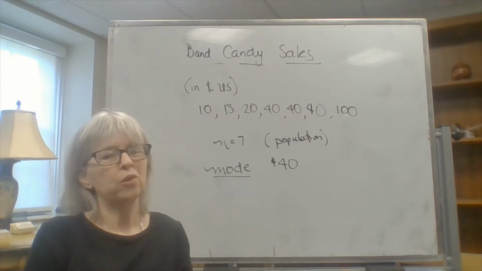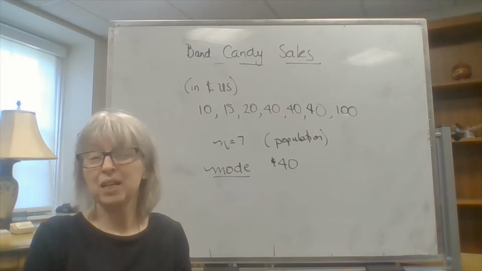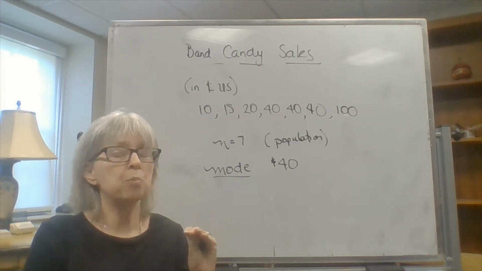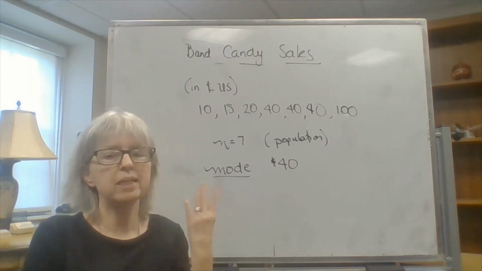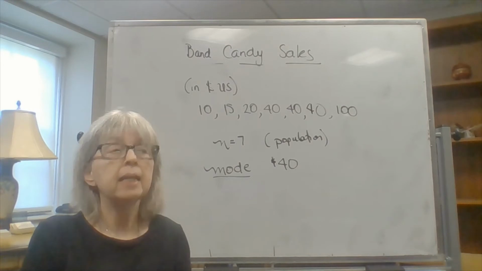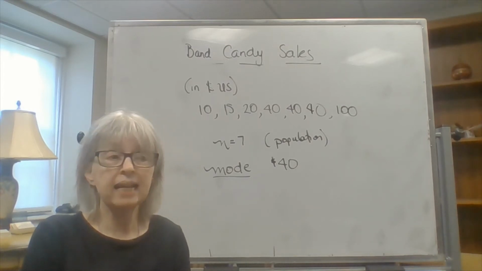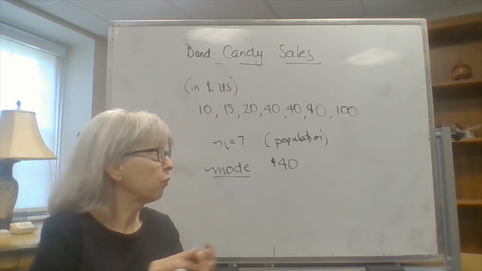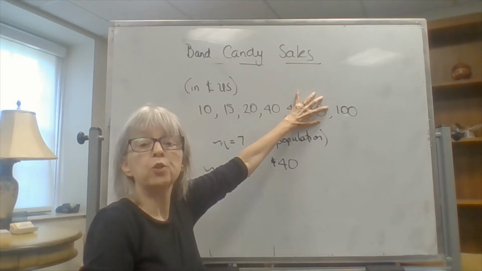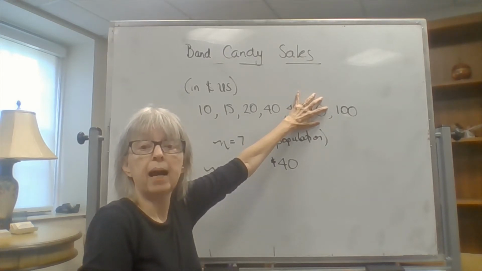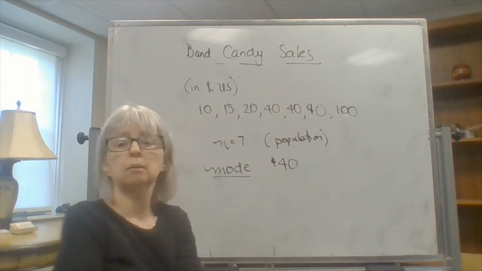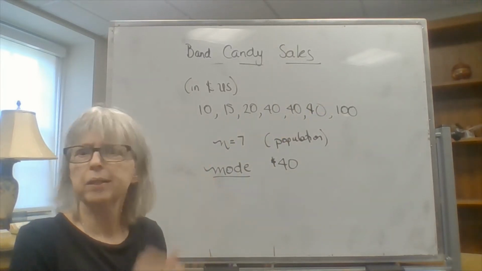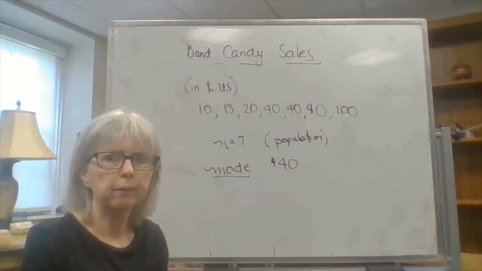But if there's more than 2 numbers that appear the same number of times and more than everything else, we say there's no mode. It is possible to look at a data set and say no mode. For example, if those other 2 40s hadn't been here, I would say no mode, because everybody appeared the same number of times, once.